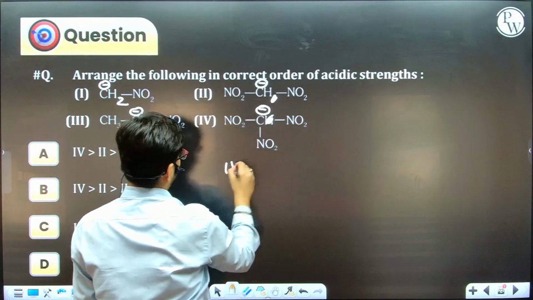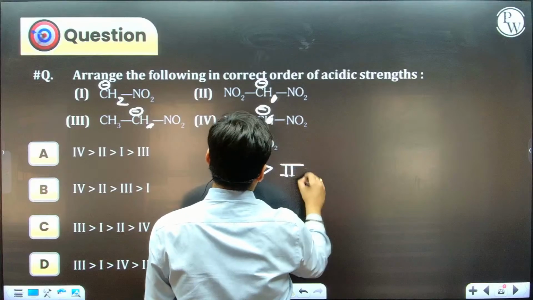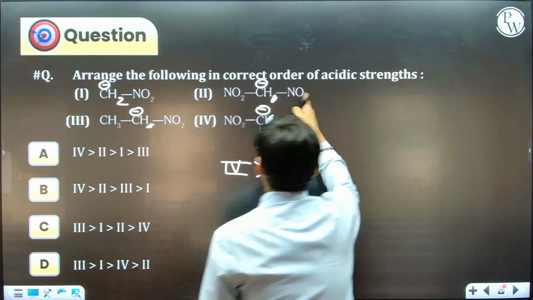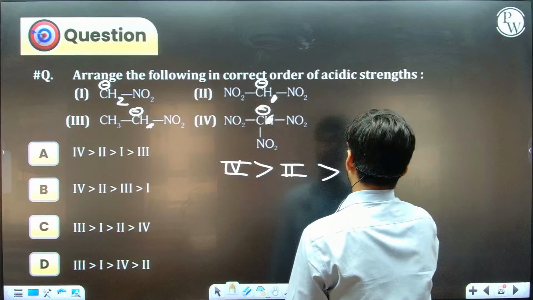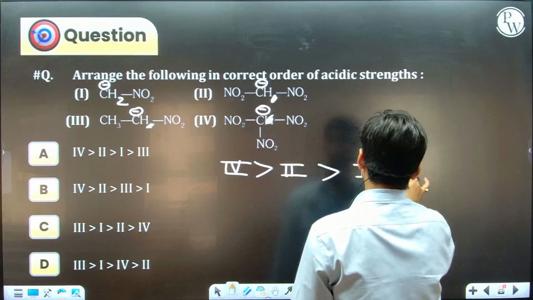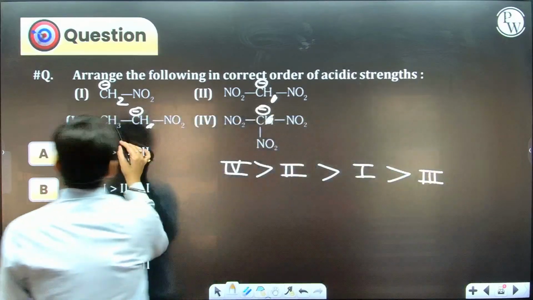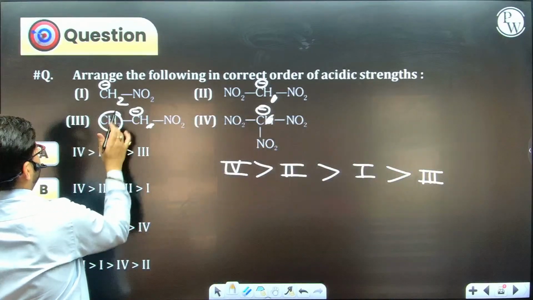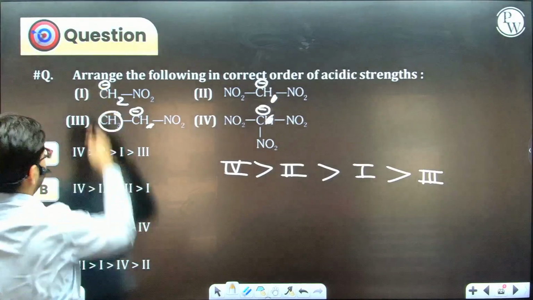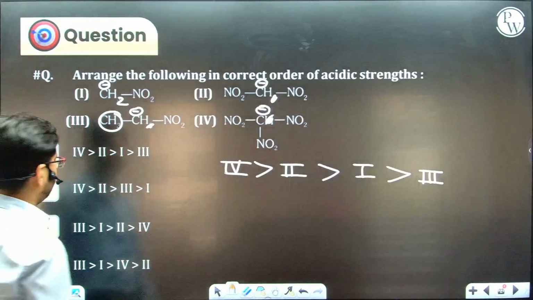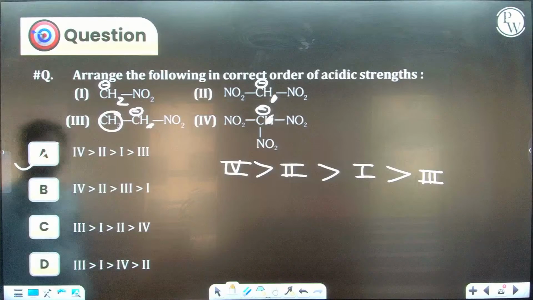So the fourth is the most acidic compound, followed by 2, in which the negative charge is stabilized by 2 minus M causing groups, and then we have 1, and then we have 3. This will cause a problem because CH3 has an sp3 carbon. Hence, I'll say that 3 is less acidic than 1. So 4, 2, 1, 3. Option A.